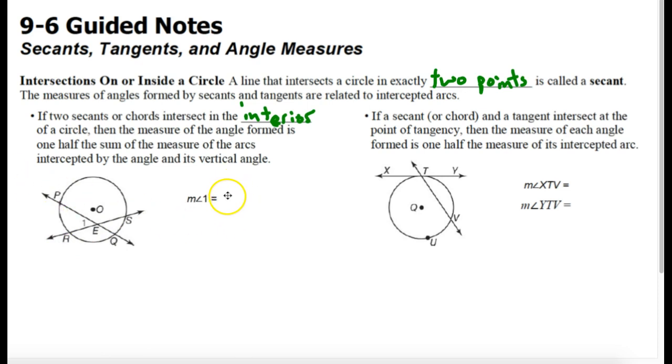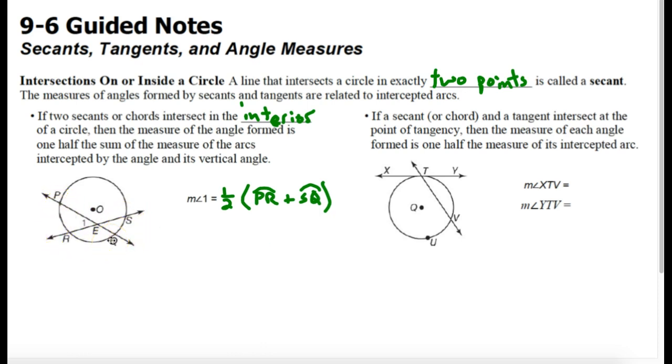We could write that out as 1/2 times arc PR plus arc SQ.